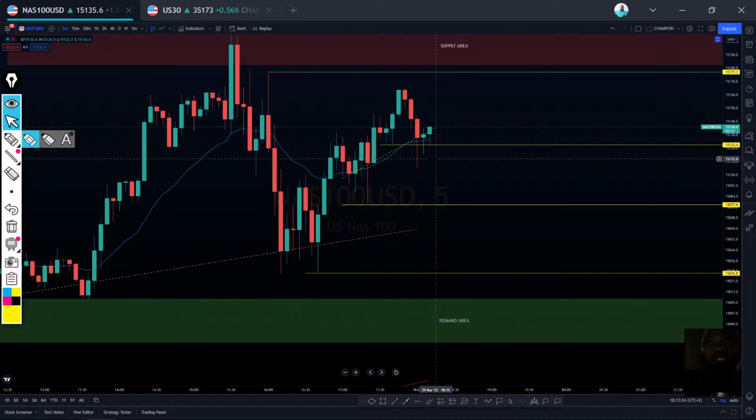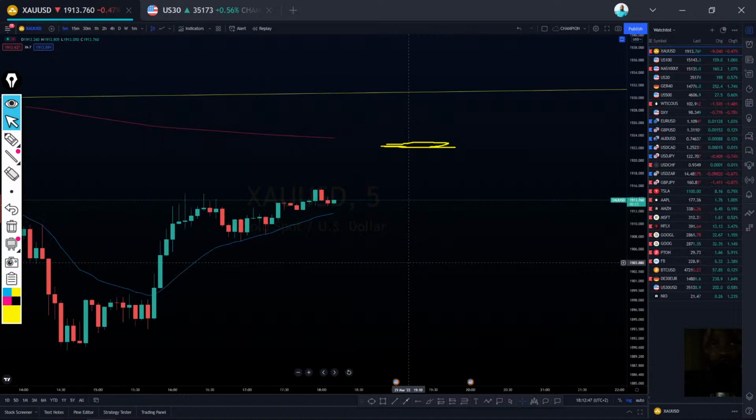Another thing that I usually do when I trade NASDAQ is compare it with gold, because usually when gold pushes towards the downside, our price will push towards the upside. So I look at where gold is, and that gives me an idea of where our price is going at the current moment.